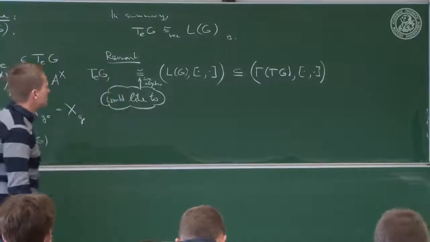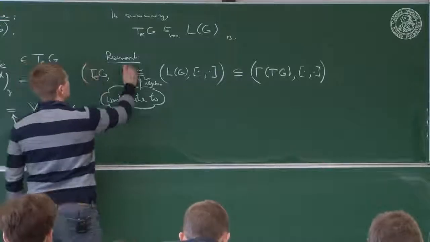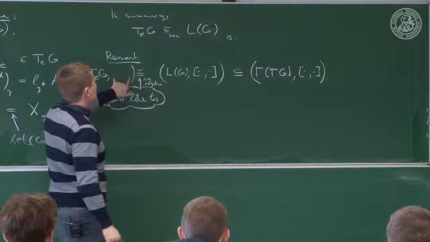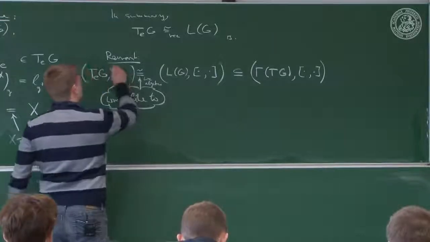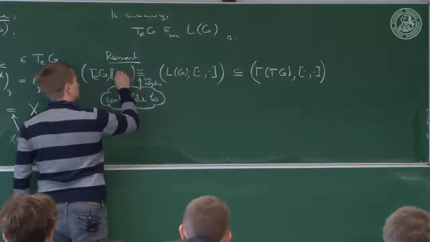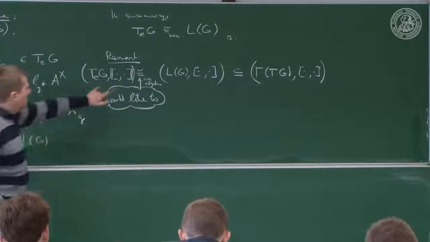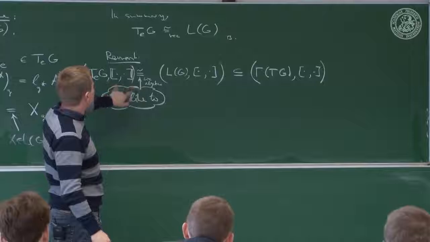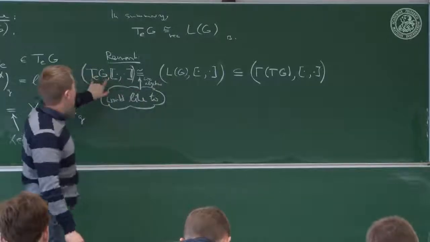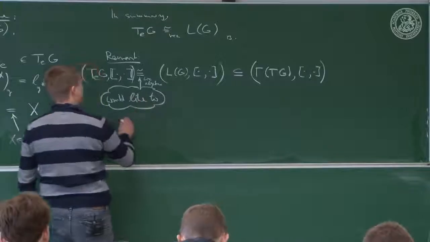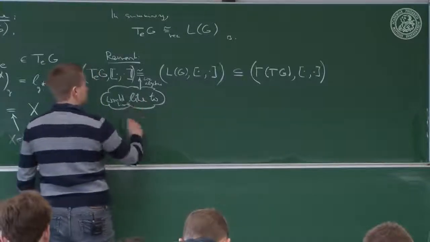The isomorphism is already there because the underlying vector spaces are isomorphic. But we also need to have a bracket here. Let me call this also double bracket. We'd like to have a bracket here such that this isomorphism is compatible with respect to the bracket.